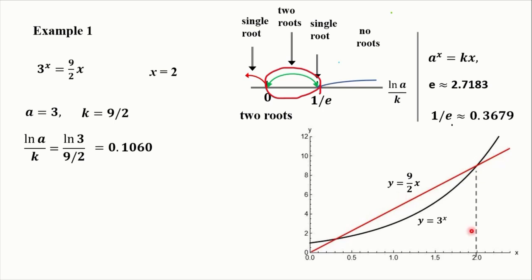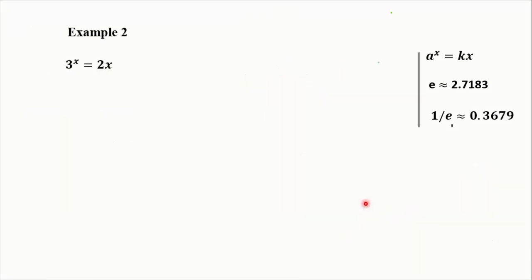The first of them corresponds to the root x1 equal to 2, and the second one is here, and we can find from this plot that this value is approximately 0.31. If needed, we can find the value of this root with higher precision. Now we can go to the next example.